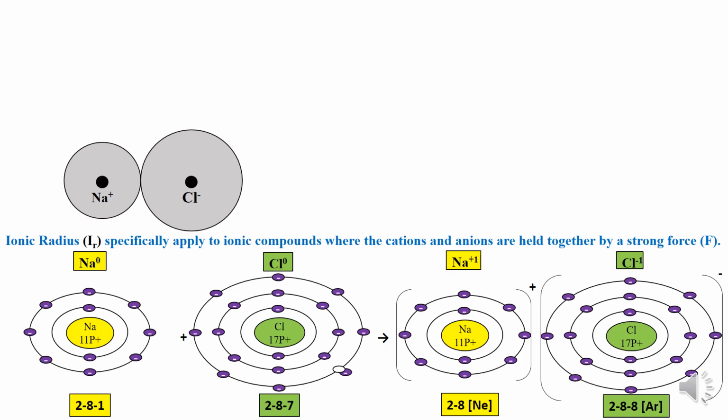So now we know why the sodium ion is smaller in size while the chloride ion is larger in size. In the case of ions, the cation will always be smaller than the anion in that particular ionic compound.